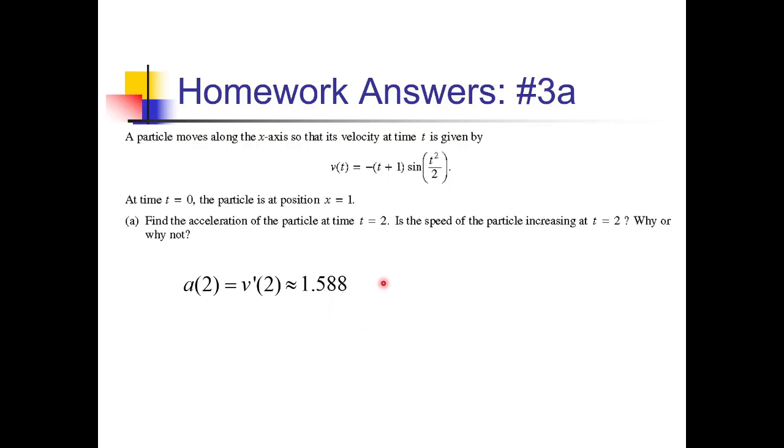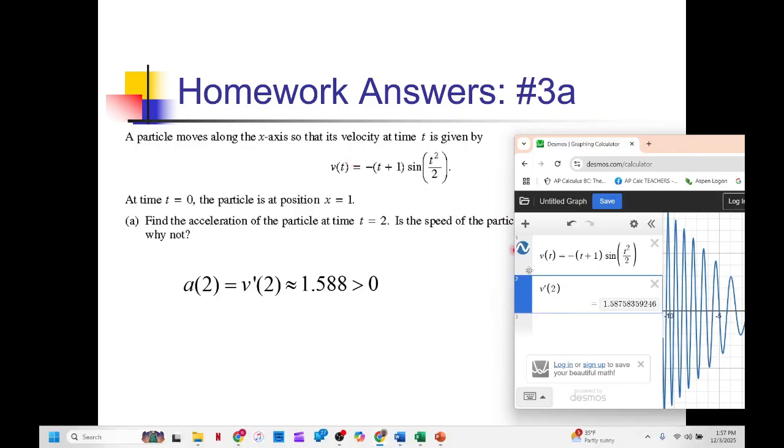Now they wanted to know whether the speed of the particle was increasing or decreasing at time 2 as well. So for that, we need to actually compare the signs of the acceleration, which we just found, and that's a positive number, with the sign of the velocity. So to get the sign of the velocity, we're just going to take the v function that we already have entered into Desmos, and instead of doing v prime of 2, let's just do v of 2.